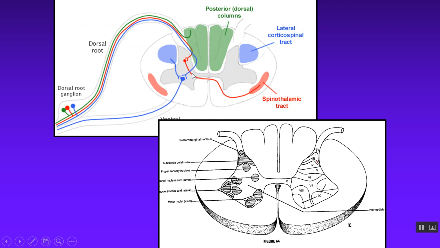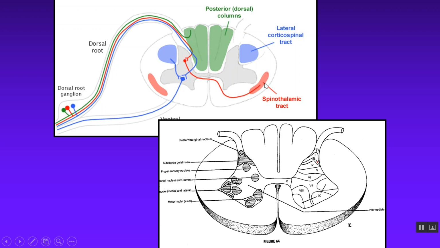That axon from that cell body projects across this little anterior white commissure, just like our posterior spinocerebellar tract used that anterior white commissure. These guys use that same anterior white commissure, which is in this whole region called the anterior funiculus. That anterior white commissure crosses over and enters this region of the spinal cord called the spinothalamic tract.